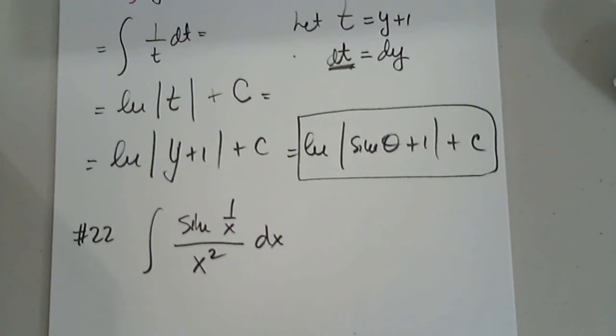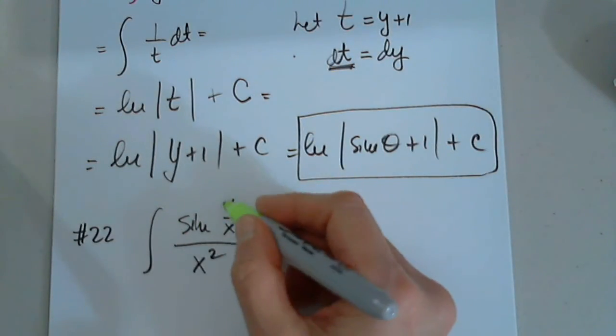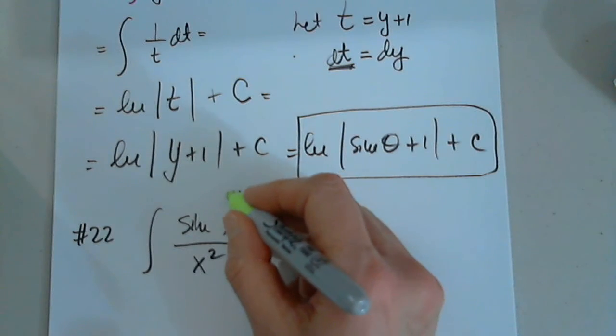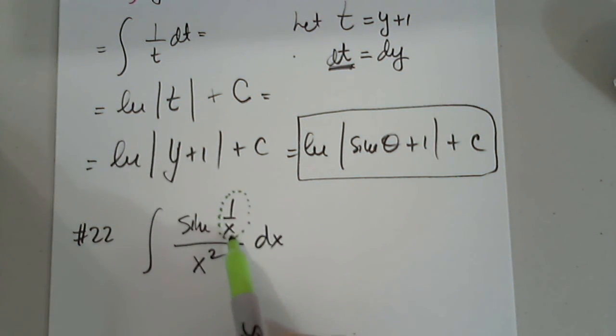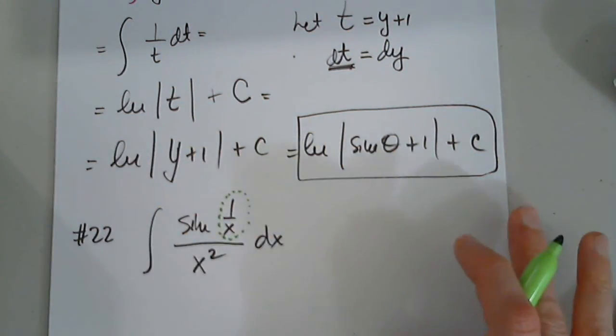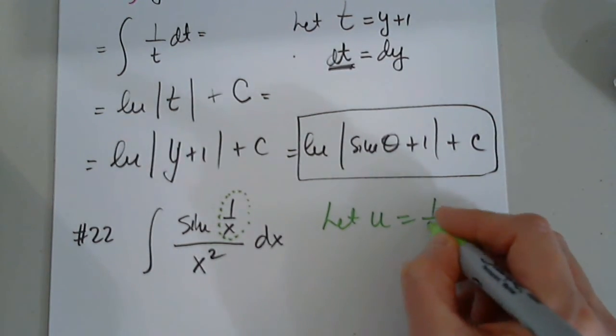So I'm looking at this integral, and I realize that there is a function, which is 1 over x, which is inside of another function. So I really don't like that. It's a function composition, right? The sine of a function. So I'm going to say, we'll see if that works. You can use any letter, but you cannot use x. I'm going to say, let u be 1 over x.